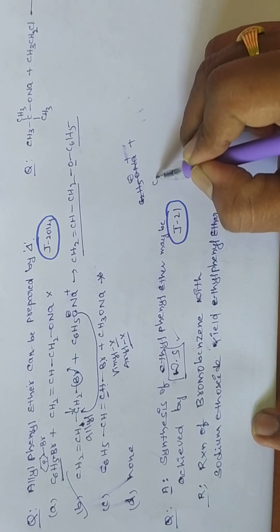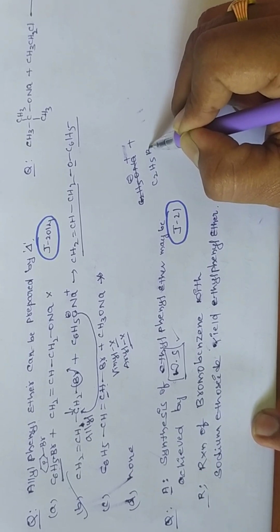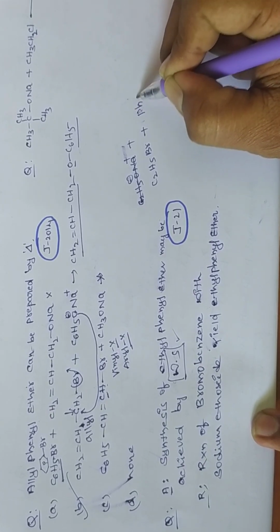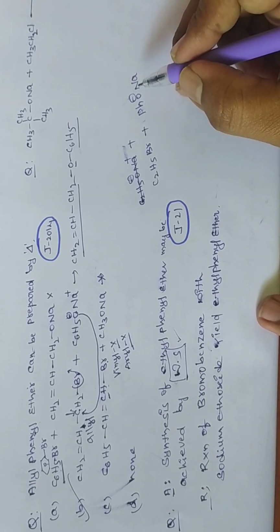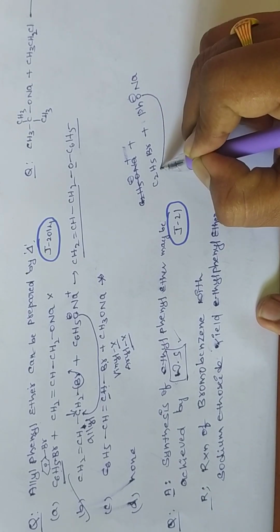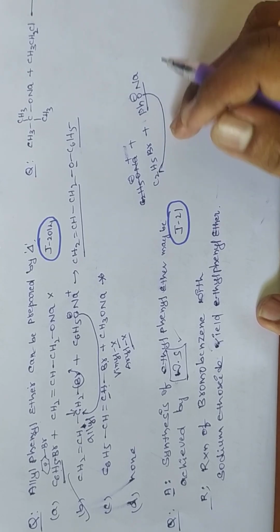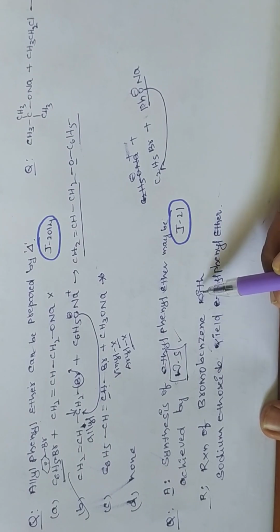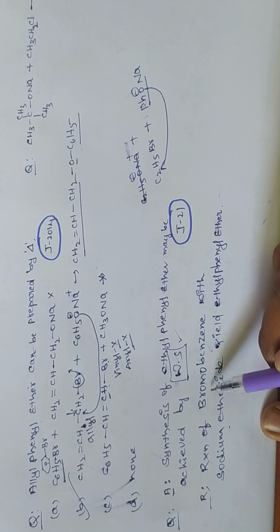That means we have to take this as the alkyl halide. Next, the sodium phenoxide ion we have to take, because aryl halides do not undergo nucleophilic substitution. So the alkoxide, then the alkyl halide, gives ethyl phenyl ether. The reaction of bromobenzene with sodium ethoxide yields ethyl phenyl ether.